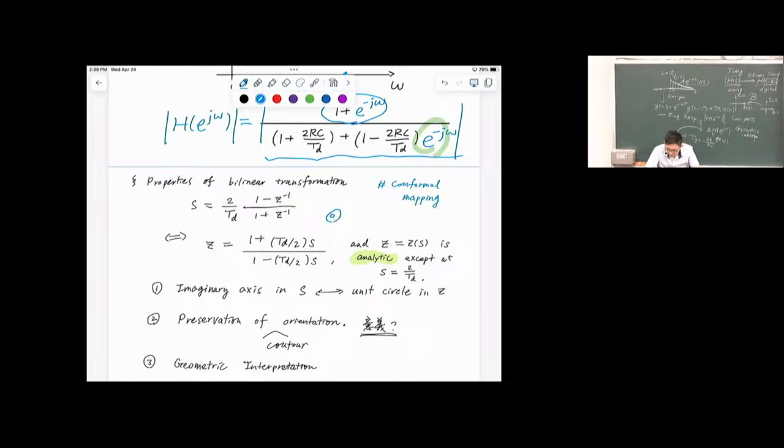The zeroth property is that s of z is a one-to-one mapping, so it's invertible.